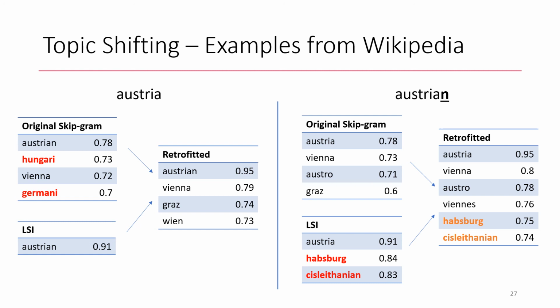And the other way around is also true. So if you have Austrian, in this example from Wikipedia, you now have problems in your LSI embedding. But when you retrofit the two embeddings together, you get a better result overall, and a better result than if you would use each of them individually.